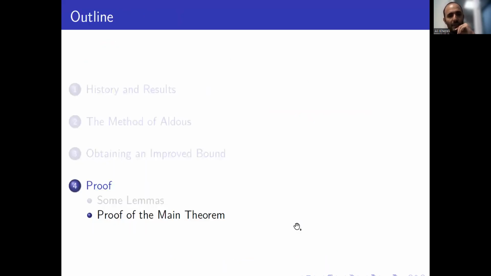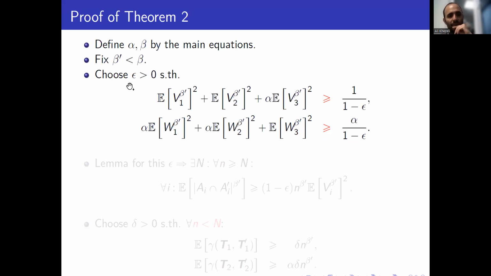Now, I explain the proof. First, I define alpha and beta. We fix beta prime less than beta. We should choose a delta such that we have the more quantitative statement. So I should define the delta now. First, recall that if beta prime was beta, these two terms were equal to 1 over alpha in the heuristic equations.